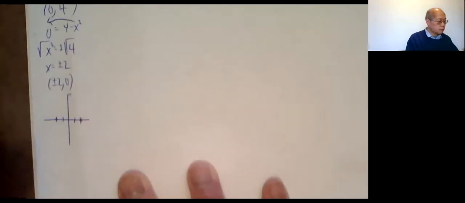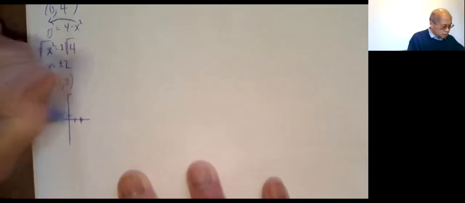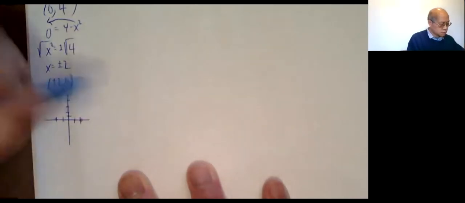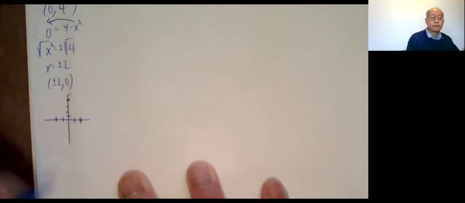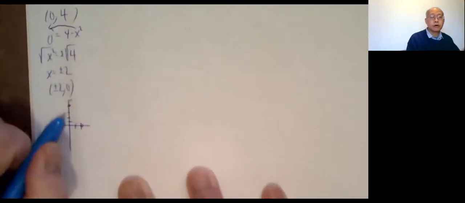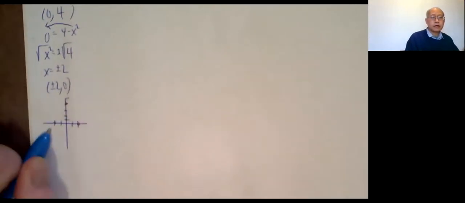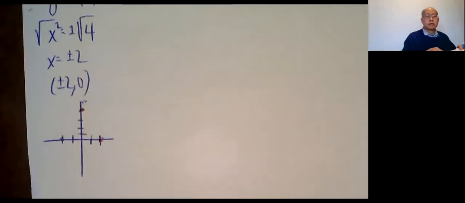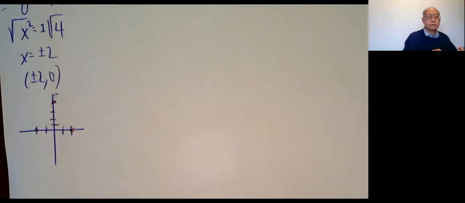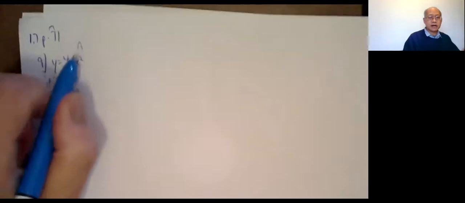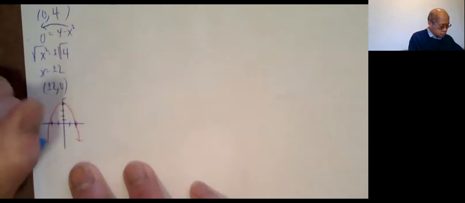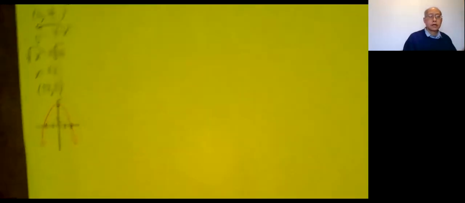And 0, 4. 1, 2, 3, 4. So here's 0, 4. Negative 2, 0, 2, 0. I know it looks like this, right? It opens down. So I'll just connect them so it goes like this. And there's the graph.